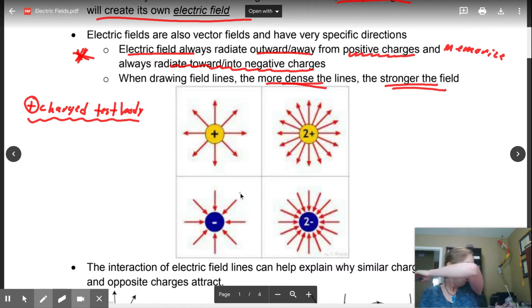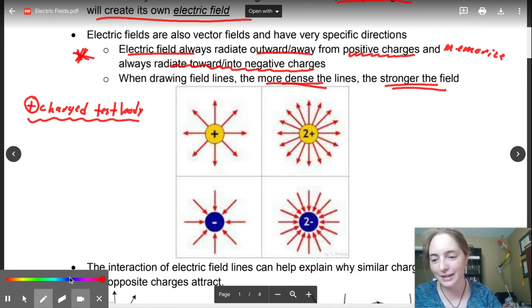Okay, so these are really good. It's a very nice diagram that we've got here for you. With this one, you can see the lines radiating outward from that positive charge. And this one, whose positive charge is double this one, the lines are still radiating out, but notice how dense the lines are.